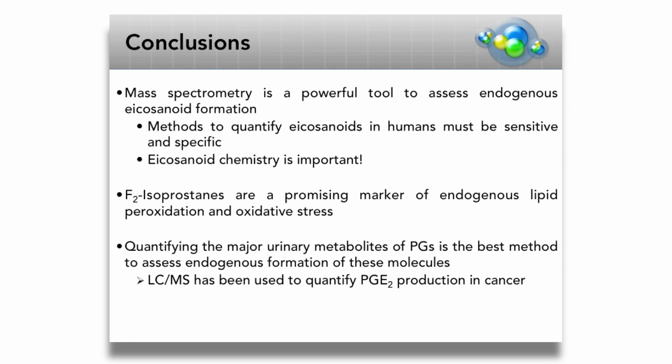In particular, quantification of the major urinary metabolite of PGE2 has significance and shows potential as a clinical biomarker for cancer in particular subpopulations, and may lead us to an area where we can study better personalized medicine for the treatment of these individuals with high levels of PGE2.